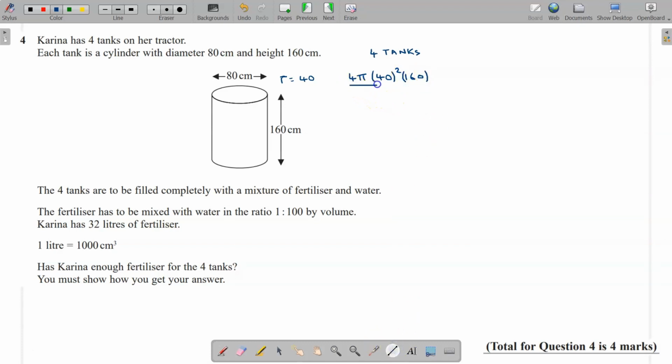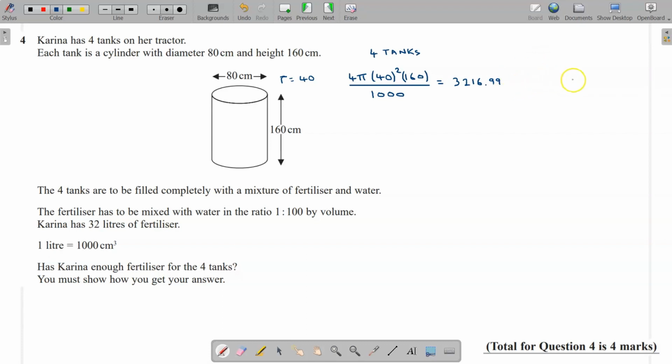I divide that by 1000, and that will tell me the number of liters, because there are 1000 cubic centimeters in a liter. Okay, so that is the first thing I'm going to do, and I'm going to work that out on the calculator, and it equals 3216. Okay, and it goes on a bit after that, 0.99 in fact, but that's as far as I need to go.